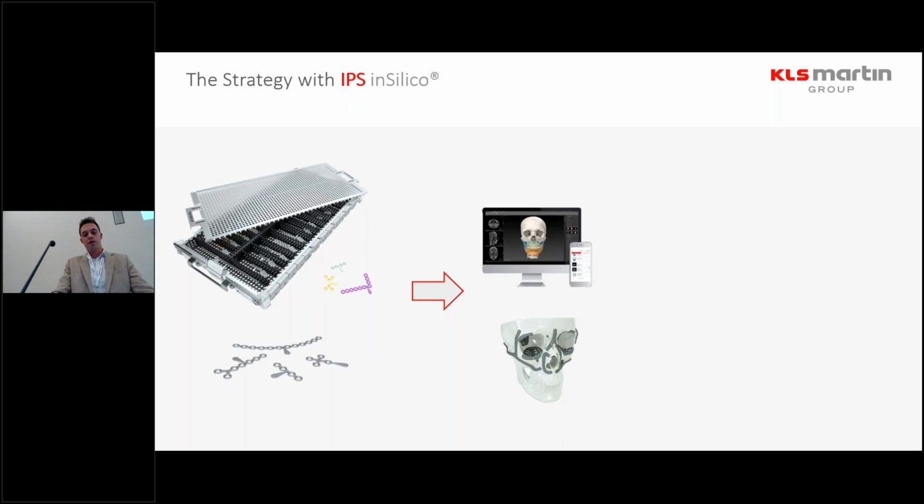But we are by far not the only company providing digital planning solutions, and therefore we need another innovation. That's why we came up with the idea of IPS inSilico. We are now combining our IPS solutions as well as our standard solutions with simulation to bring our products to the next level and to differentiate again from our competition, to go the next step.